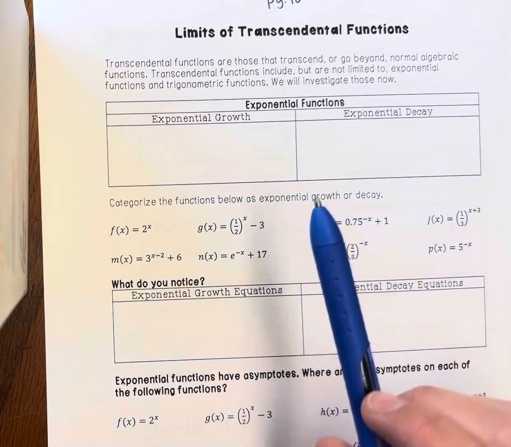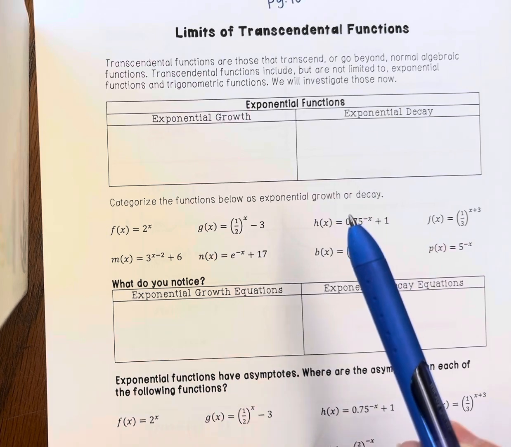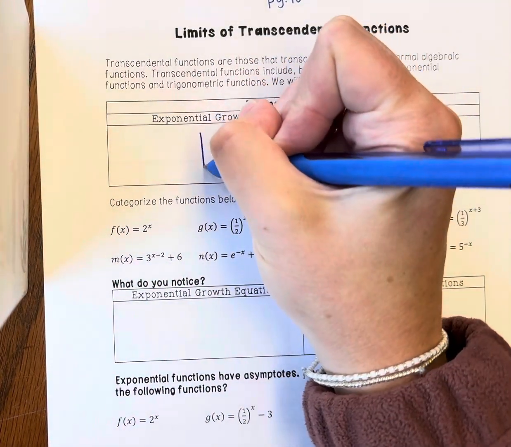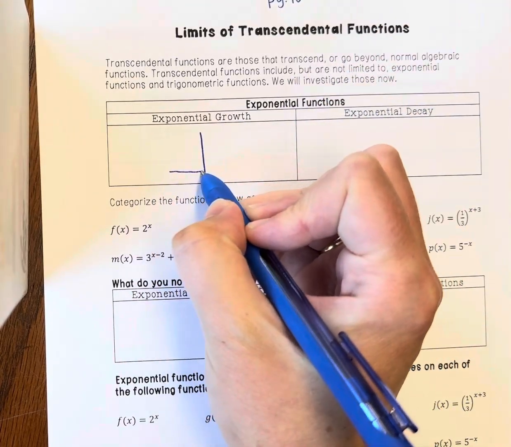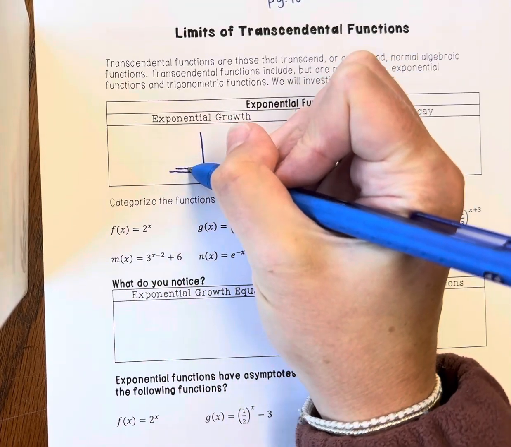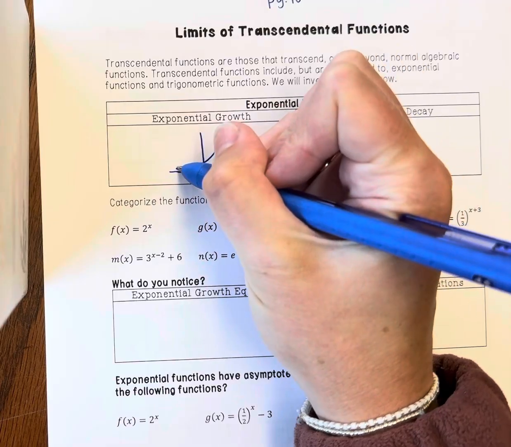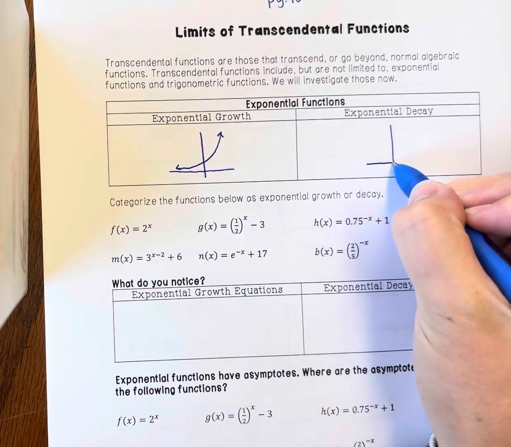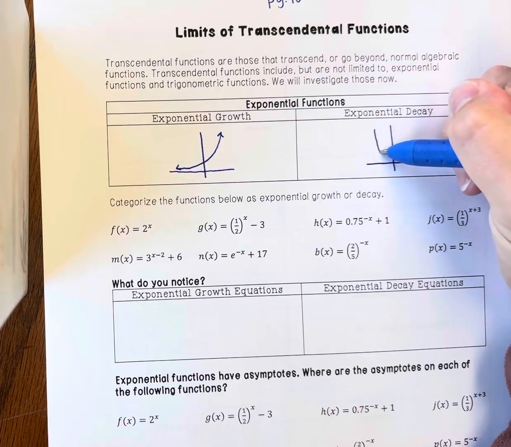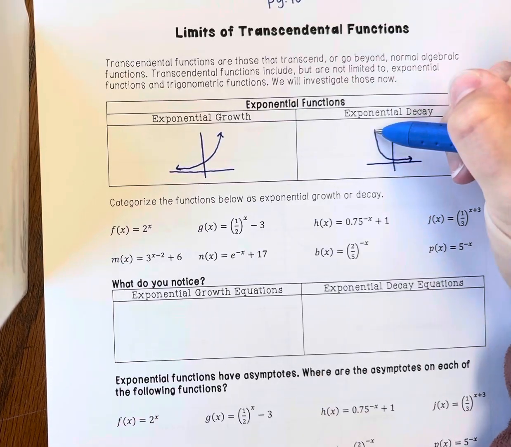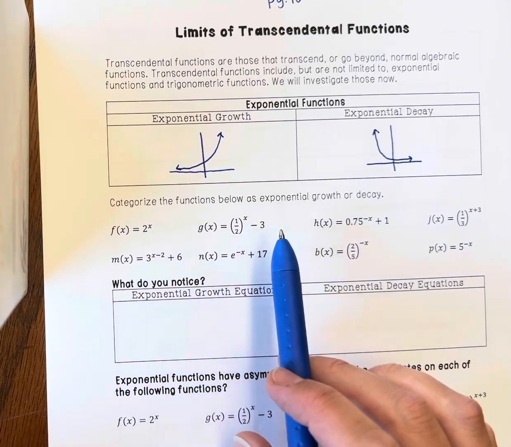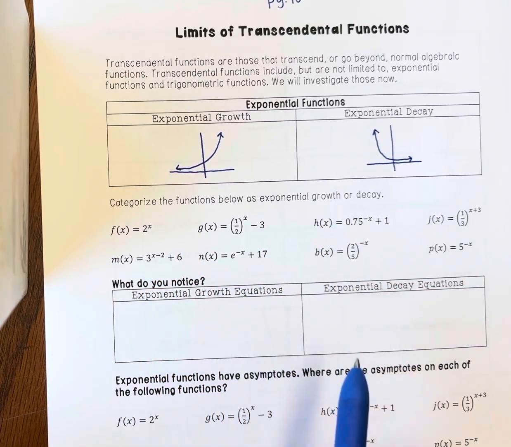So here is just a little review of exponential functions. You've got exponential growth, which if you graphed it would look something like this. And exponential decay looks something like that. So on the bottom it says categorize these functions below as exponential growth or decay.